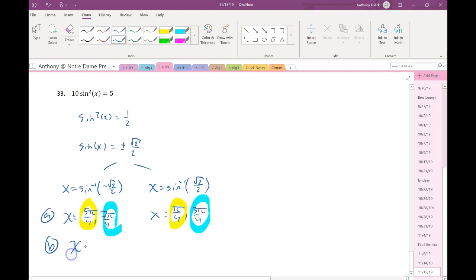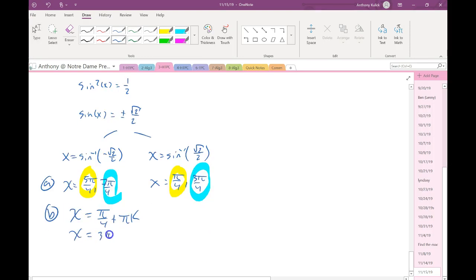If I take the yellow ones, I can write that as π/4 plus pi k instead of 2 pi k. And for the blues, 3π/4 plus pi k, where k is just some integer. Okay with that? Okay.